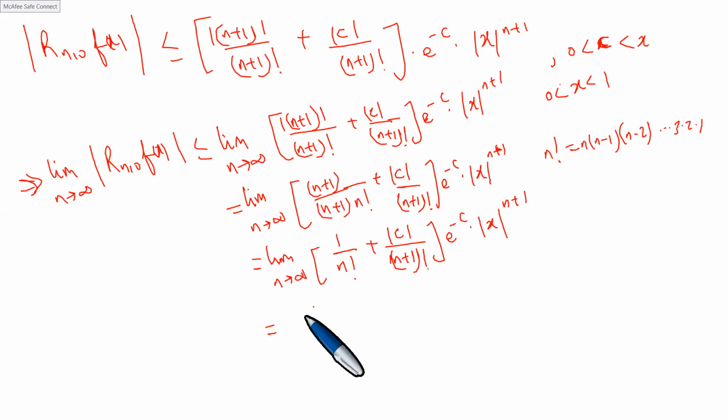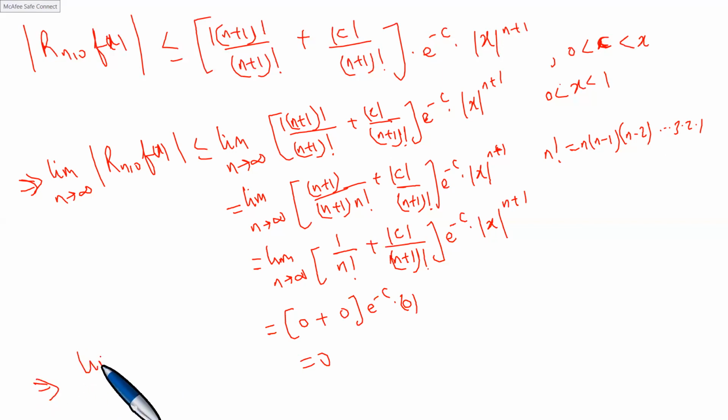As n approaches infinity, this one is going to be 0. But also this is going to become 0. And this thing, because x lies between 0 and 1, is a fraction, is also going to be 0. The result is 0.